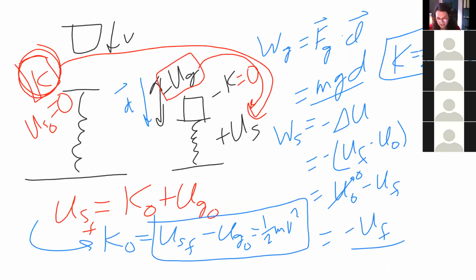In order to find each of these terms, remember that I'm sort of out of room here, but the potential energy of the spring final will be 1/2 kx final squared.